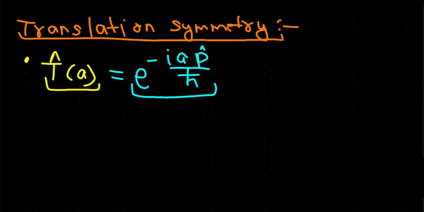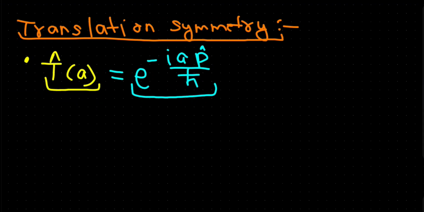You can find it in Shankar's book, Principles of Quantum Mechanics, I guess, or I don't remember the name, but I will put it in the comment section. You can use that book for the derivation of the formula of the translation operator.